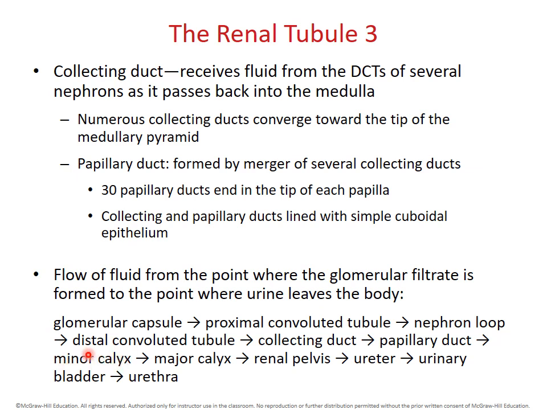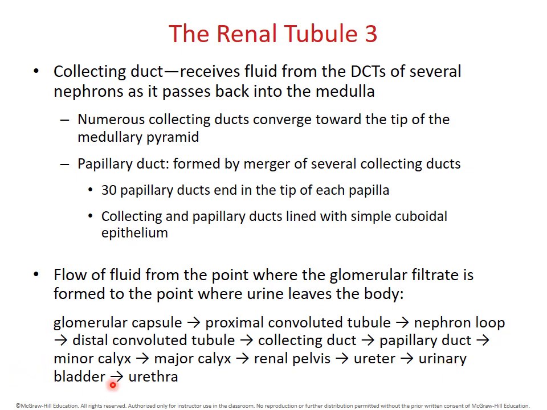And from this point on, we just have to get it out of the body. And so it moves from minor calyx to major calyx. Major calyces again fuse to form a renal pelvis. The renal pelvis then funnels down to become the ureter. Ureter carries the urine to the urinary bladder for storage.